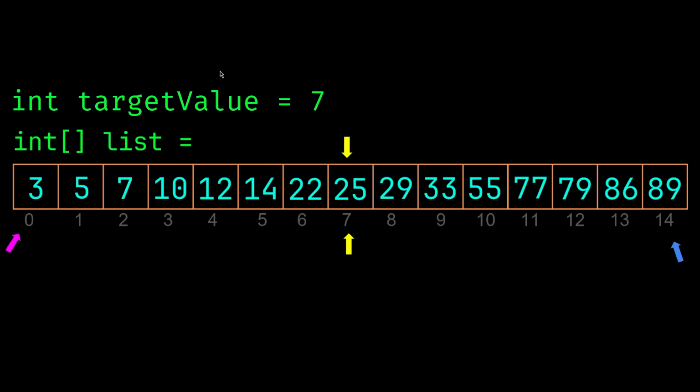First we check if our value is less than the target value. 25 is not less than 7, and remember, if the value is greater than our target value, then we can cut off everything here, which means taking our high pointer and moving it to mid -1.